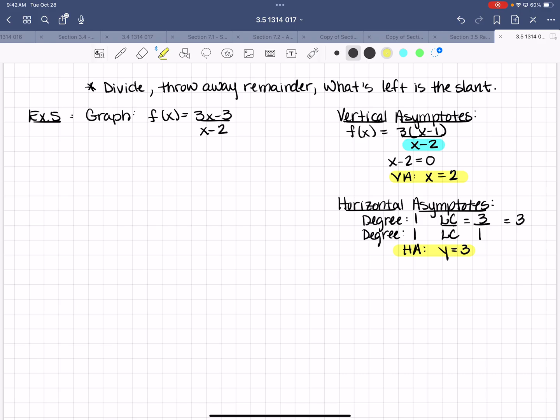Okay, let's talk about the easy one first. Let's talk about a y-intercept. Okay, whoops, we don't want to write in yellow. If I'm talking about a y-intercept, who do I need to set equal to 0? X, good. So set x equal to 0. So this is what I really have. Remember, f of x is the same thing as y. So I have y equals 3x minus 3 over x minus 2.